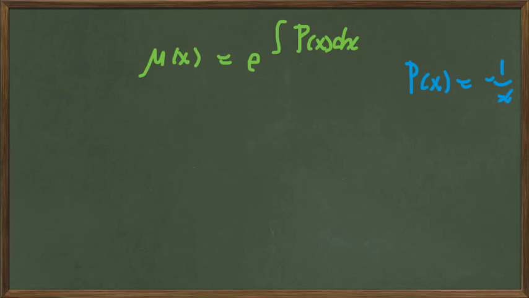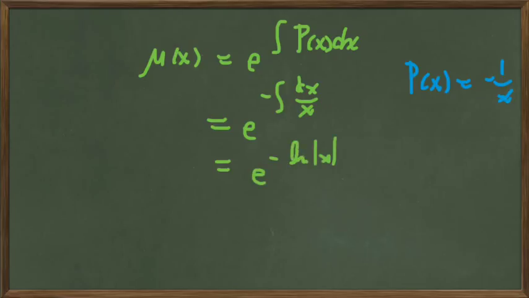And so when we integrate this, we're going to get what? So it's e to the integral dx over x with a minus sign out front, which is e to the minus ln absolute x, which is e to the ln absolute x to the minus 1, which is just absolute x to the minus 1. So mu of x is this.